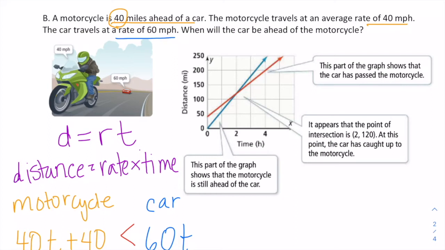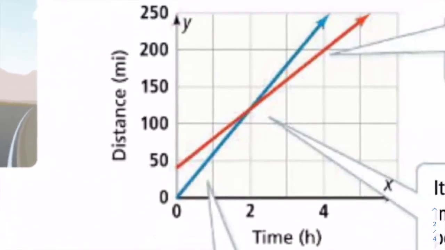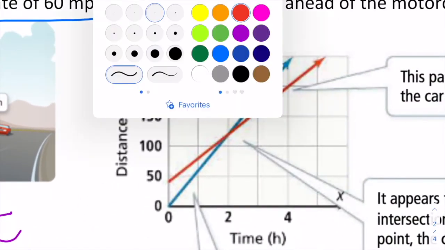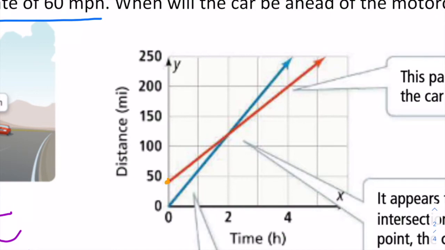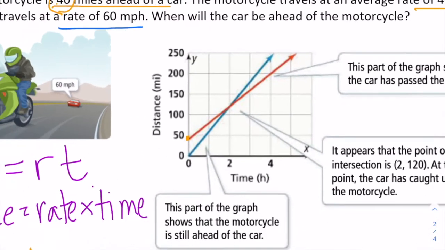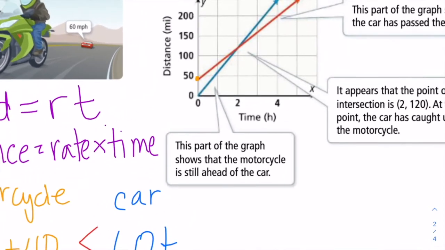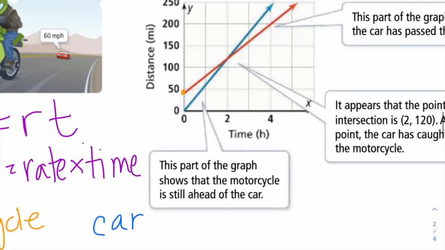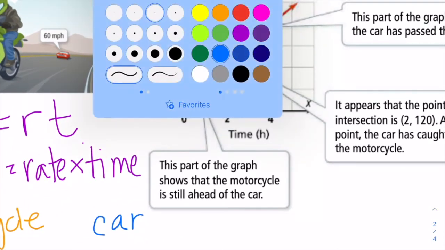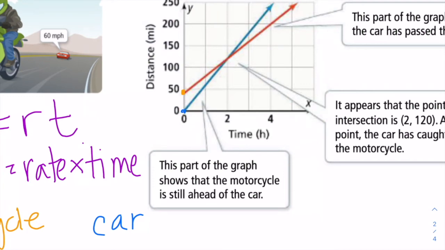So when we graph it, you can see the motorcycle's right here in the orange. It starts at 40. It goes up and over, so that's 40 miles per hour. And we can make a table for that, right? And then for the car, it's going to start at 0, 0, and then it's going to increase by 60. So at 1 hour, it'll be at 60.